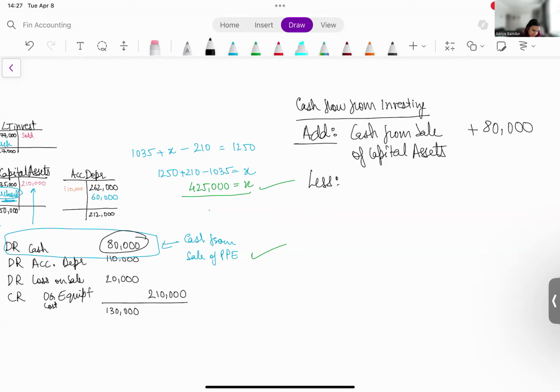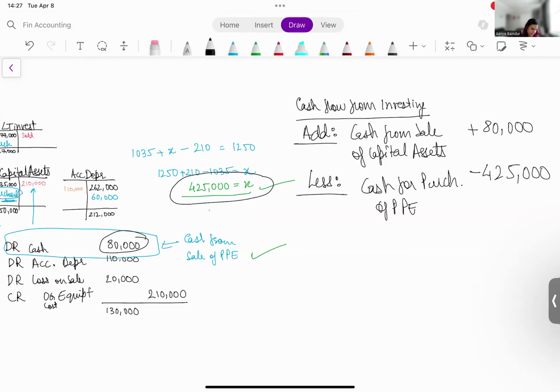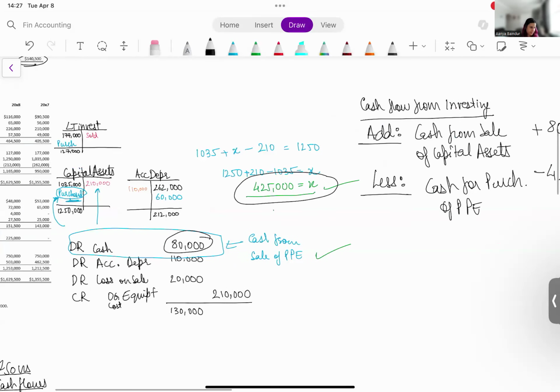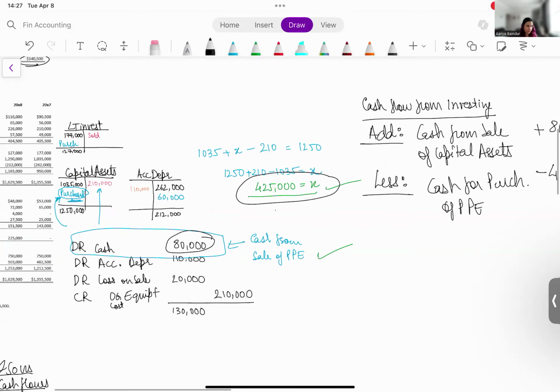Next, we'll subtract out how much ever cash for purchase of whatever the PPE is. In this case, we determined it was 425,000. So that's a minus 425,000. Then lastly, let's see what's happening with long-term investments. So long-term investments is going from 177 to this.